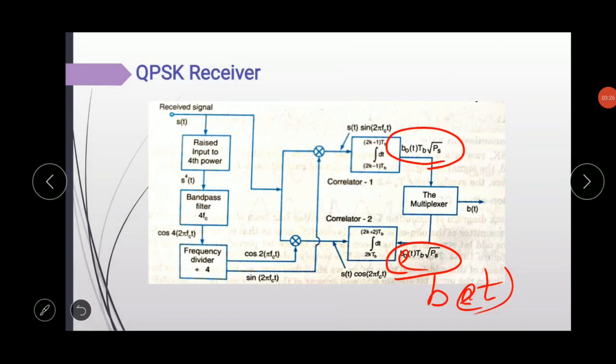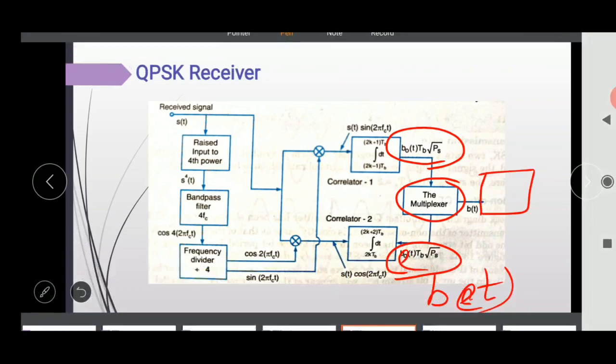At the end of each integration time, for each integrator, the integrator output is sampled. The samples are taken alternately. Here the multiplexer is used like a switch. So it takes samples alternately from the two integrator outputs at the end of each bit time tb, and these samples are then held in the latch.